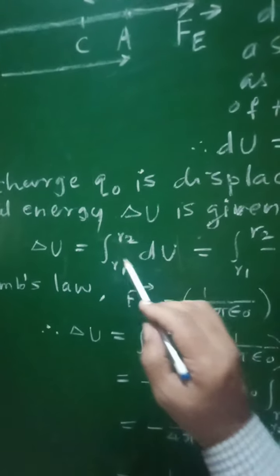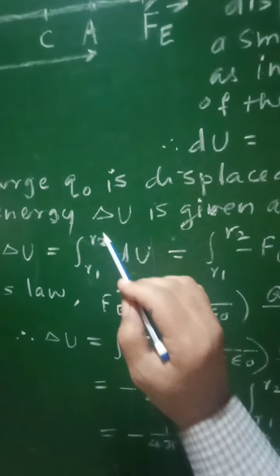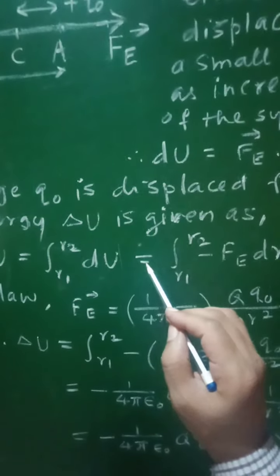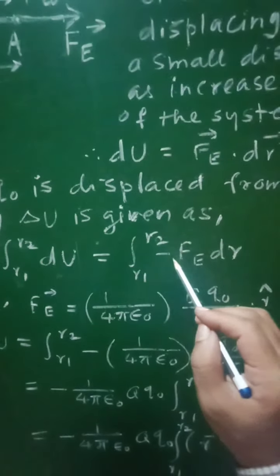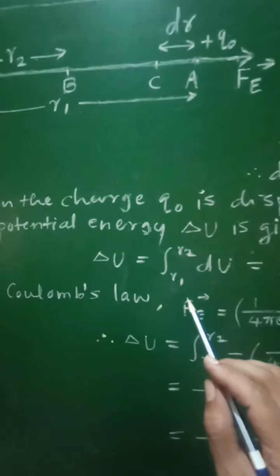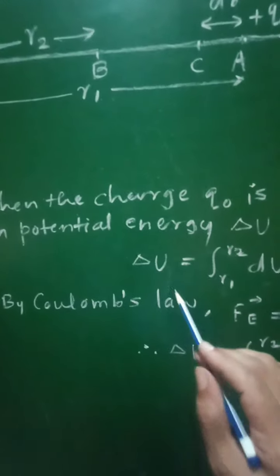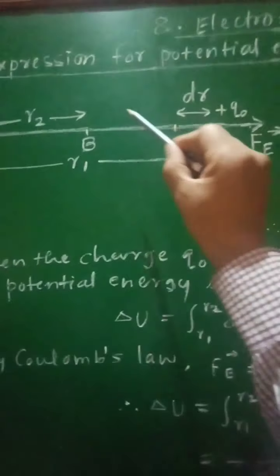Therefore delta U will be equal to integration R1 to R2 dU, that is equal to integration R1 to R2 of minus Fe into dr.